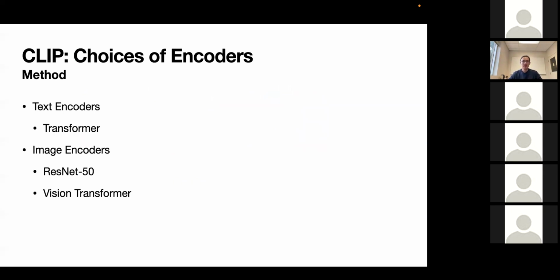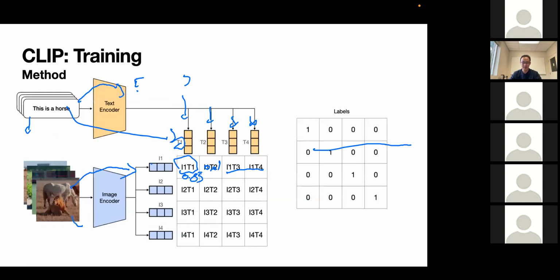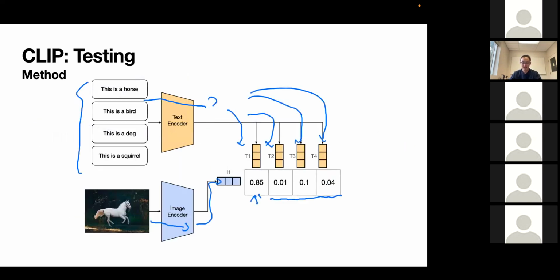Now I will introduce some details. Grayson just asked, he saw something like transformers and ResNets, and I will explain this here. This is a very abstract pipeline, with just a text encoder and an image encoder, and the authors choose different encoders.